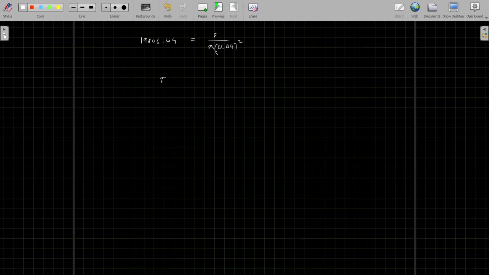So if I multiply this, F will give me 19806.44 into pi into 0.04 into 0.04, that gives me 99.558 Newton.